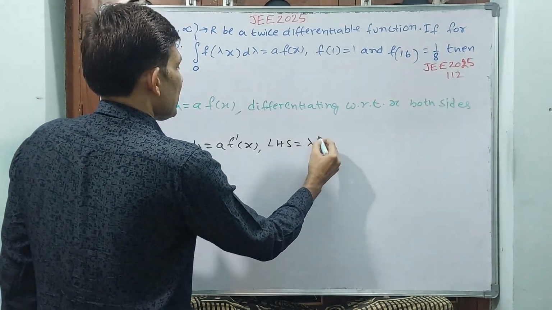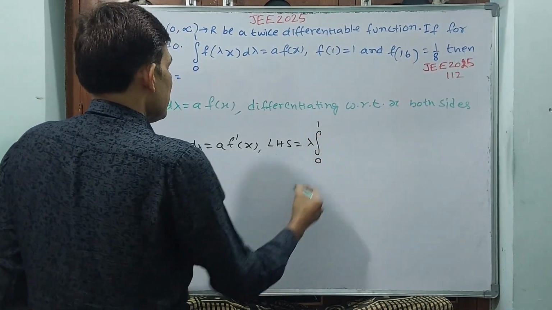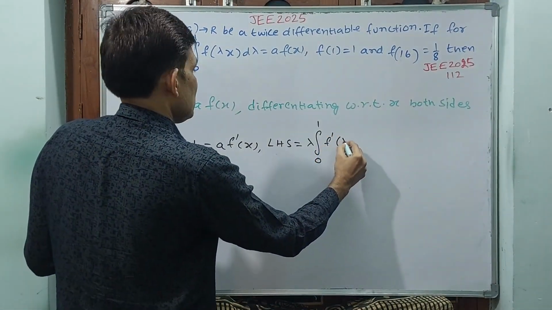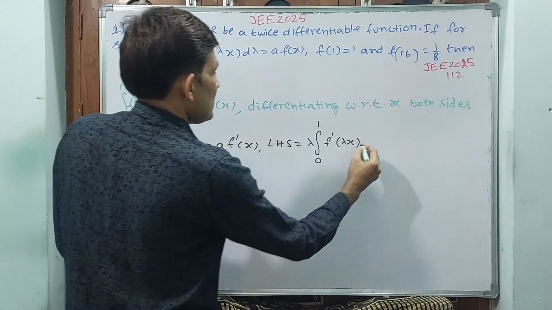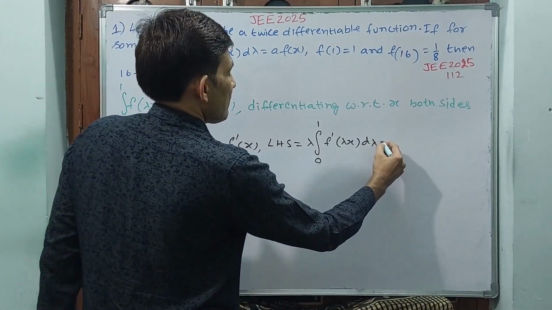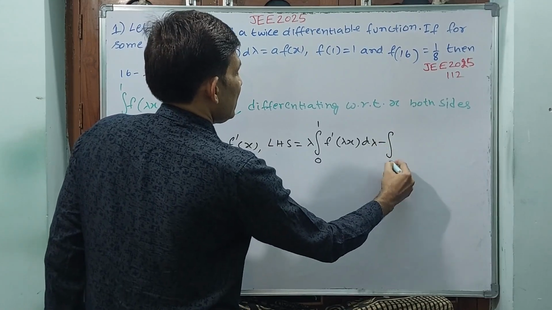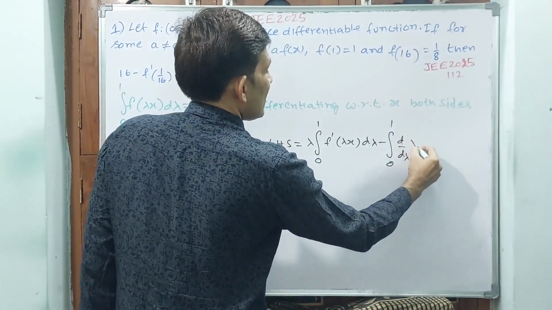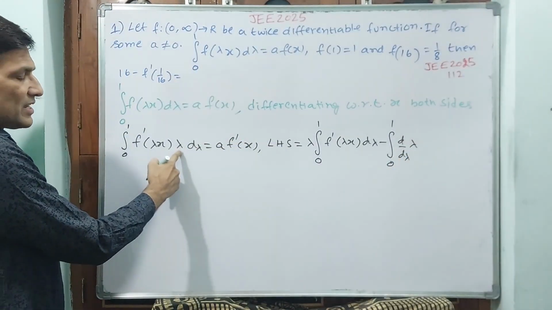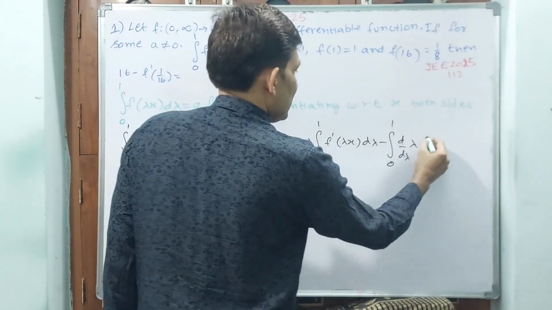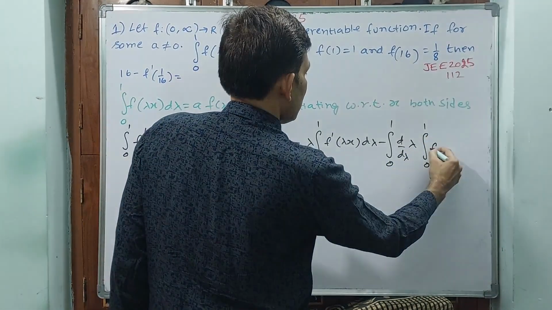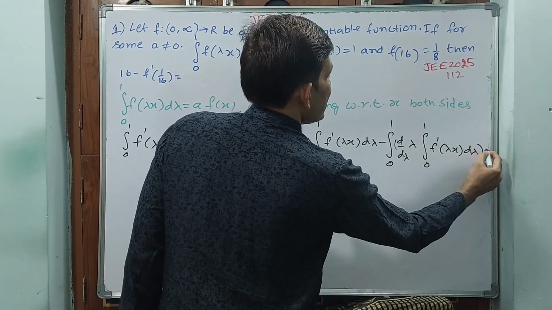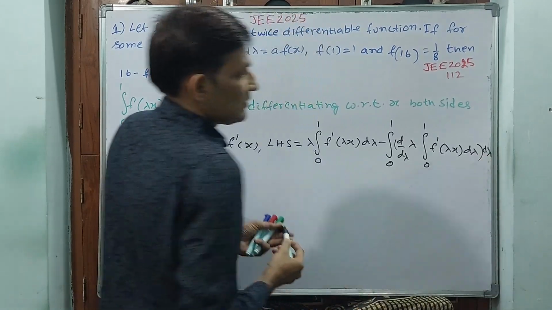Lambda, integral 0 to 1 f dash lambda x d lambda, minus integral 0 to 1 of d by d lambda of lambda, for that purpose only we have taken this as u, again the same thing, integral 0 to 1 f dash lambda x d lambda, whole d lambda. This also you have to write. Okay, don't forget.